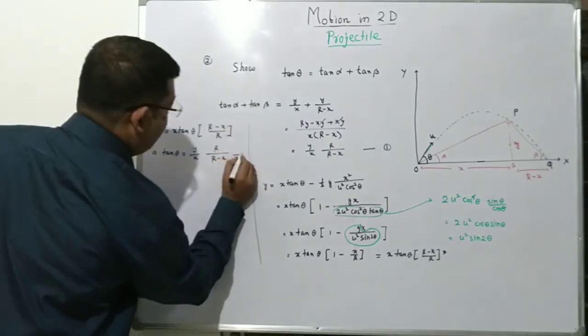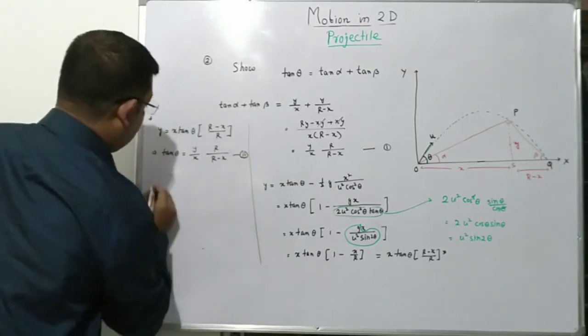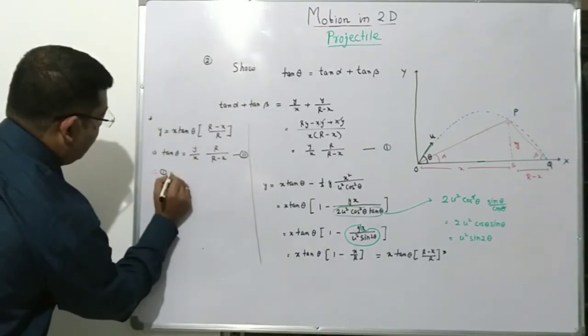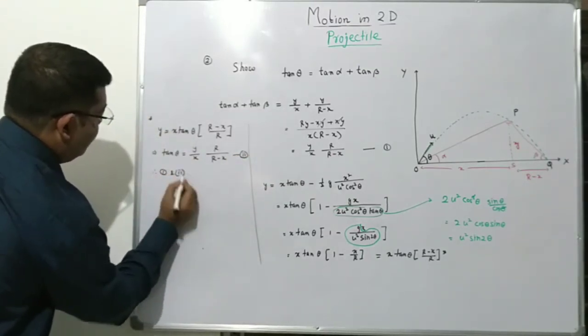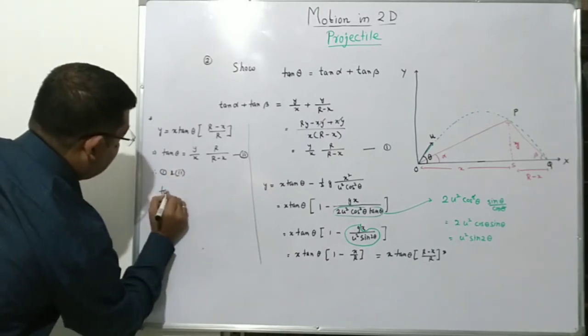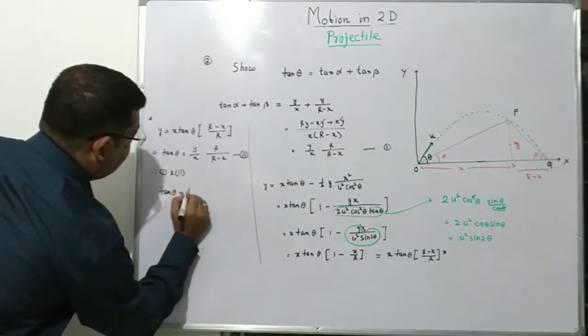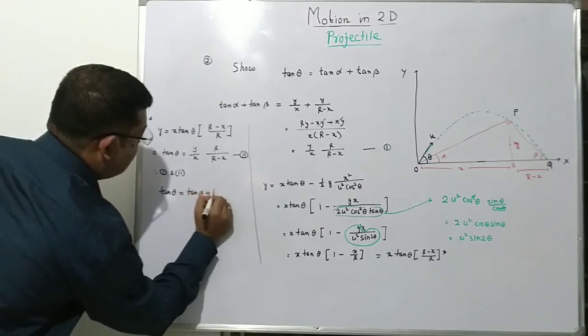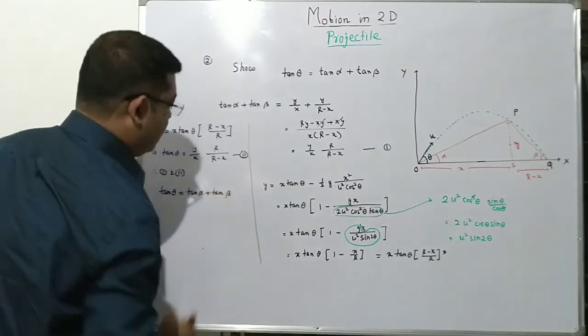So using equations 1 and 2, we can simply say that tan theta must be equal to tan alpha plus tan beta.